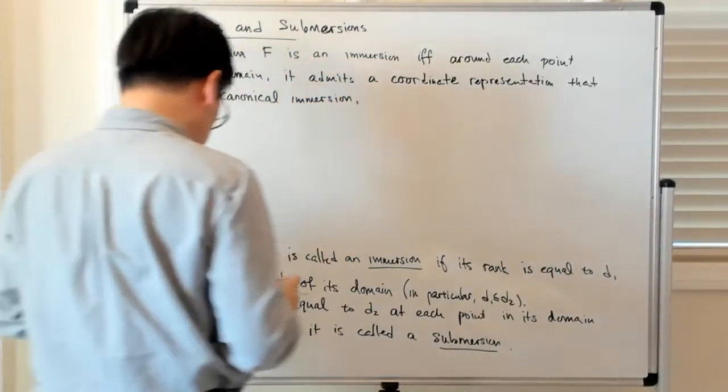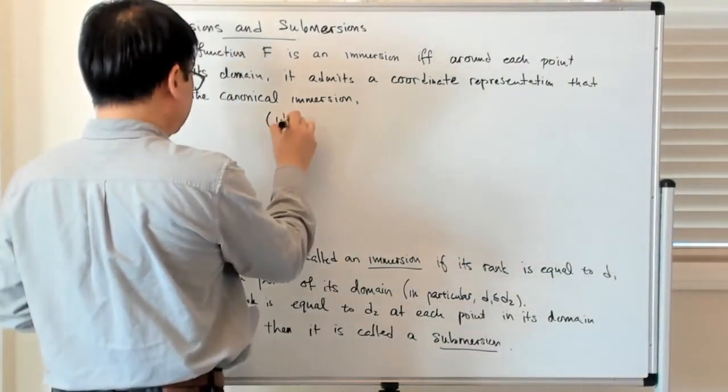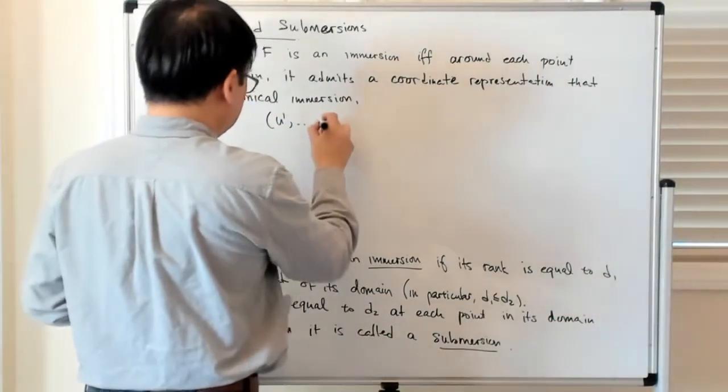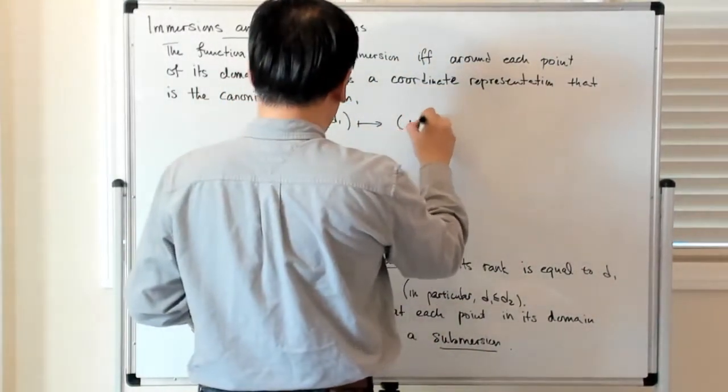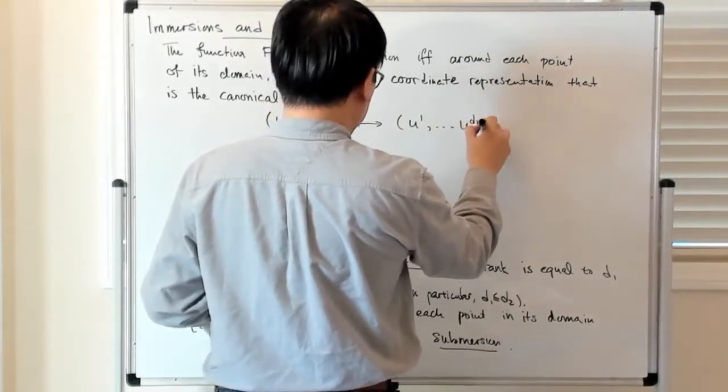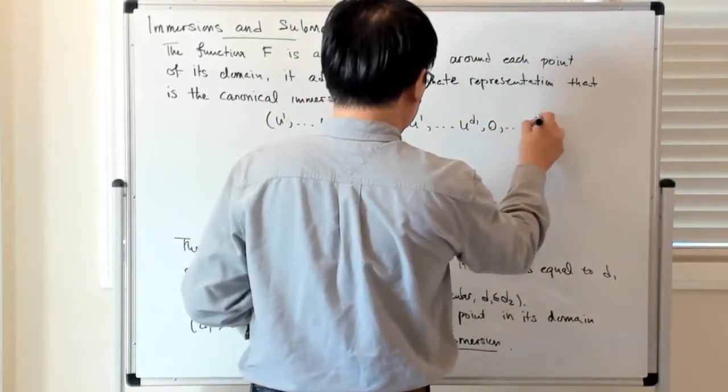Okay, which is that it maps coordinates u1 to ud1 into u1 to ud1 and then a bunch of zeros after that.